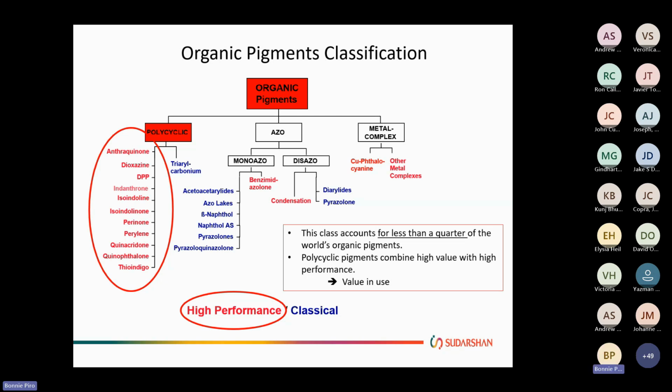It's important to note that this class accounts for probably less than a quarter of the volume of organic pigments, primarily because they have a high value in use in their application areas. They provide high strength and high technical properties that allow a formulator to get more out of that pigment for the particular color space they're working in.